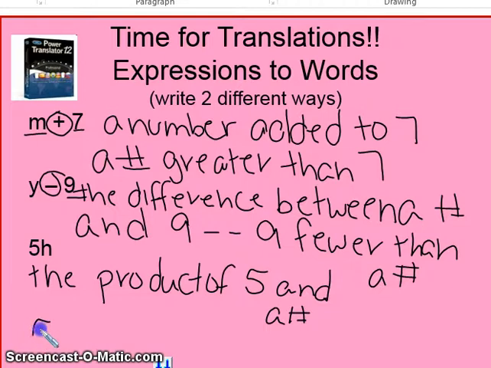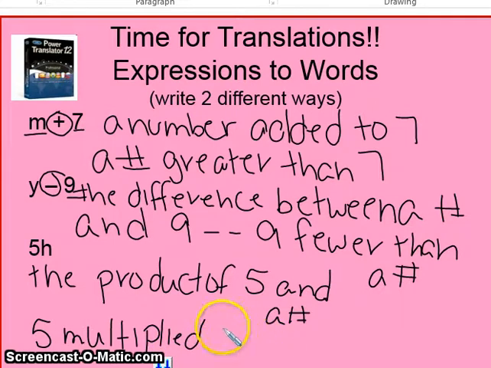We'll go with 5 multiplied by a number. And keep in mind when you're doing these that there are lots of different but also correct ways to write these.